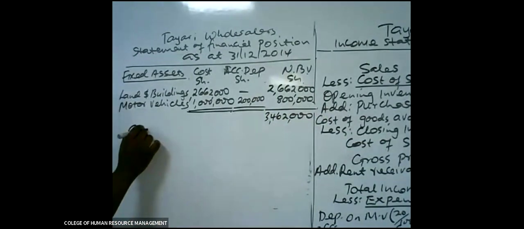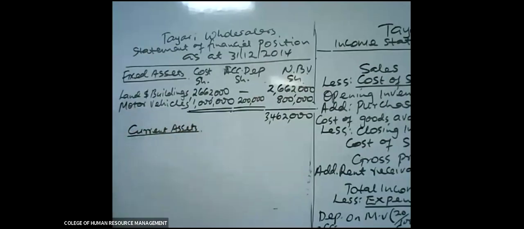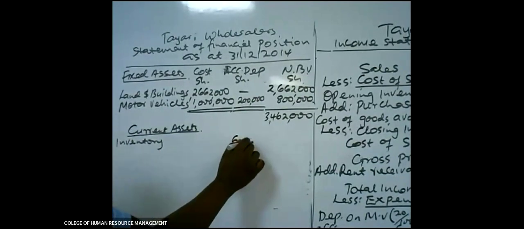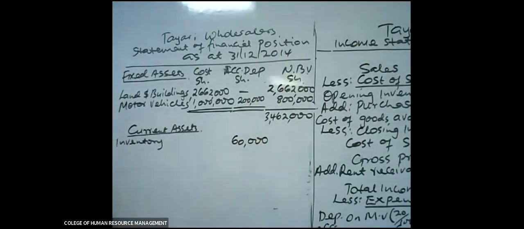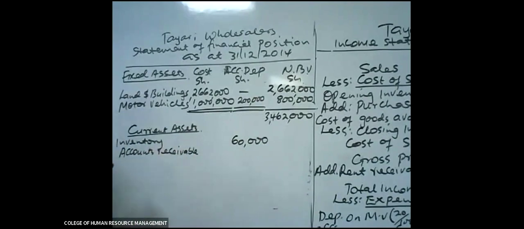Then you capture the current assets. Don't forget the closing inventory. The closing inventory, under additional information bullet 1, is 60,000. Accounts receivable, which are simply the debtors, 90,000.